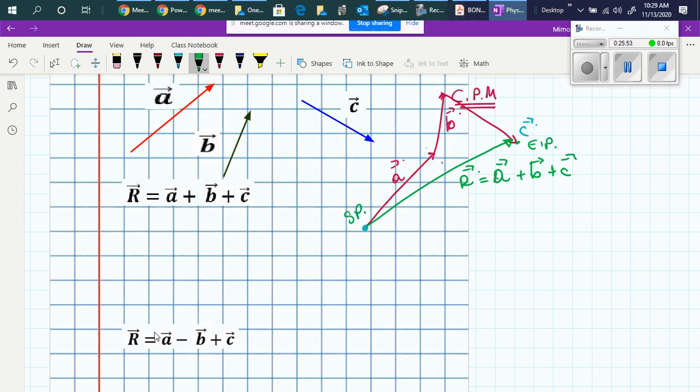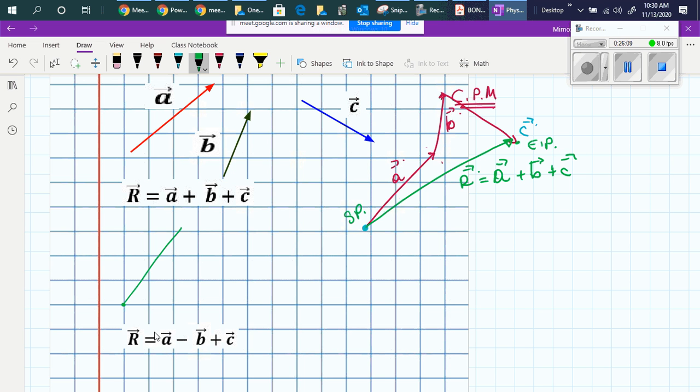Okay, and if we do the exact same question using the parallelogram method, first we work with A and B, or A and C. The order of vectors doesn't really matter.